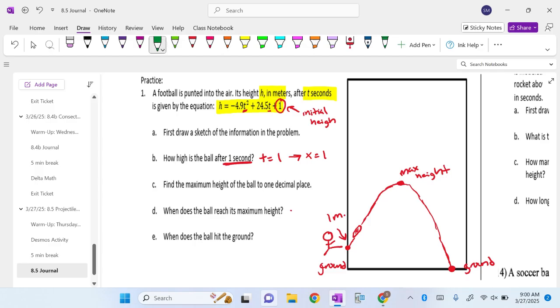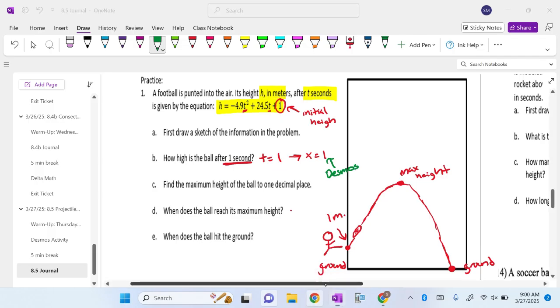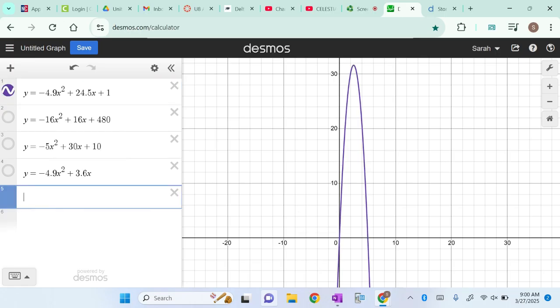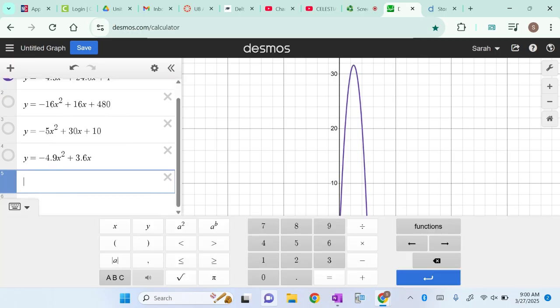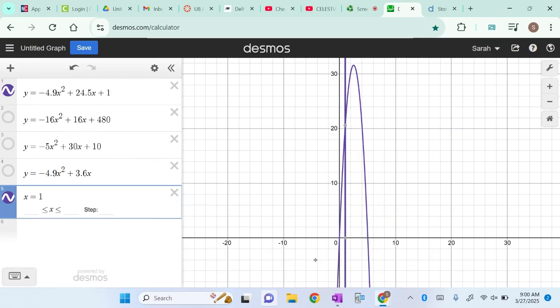So we're going to graph this in Desmos and then find the point of intersection. So in Desmos, I'm just going to graph x equals 1. And I get this line. Now, the point of intersection is right here.